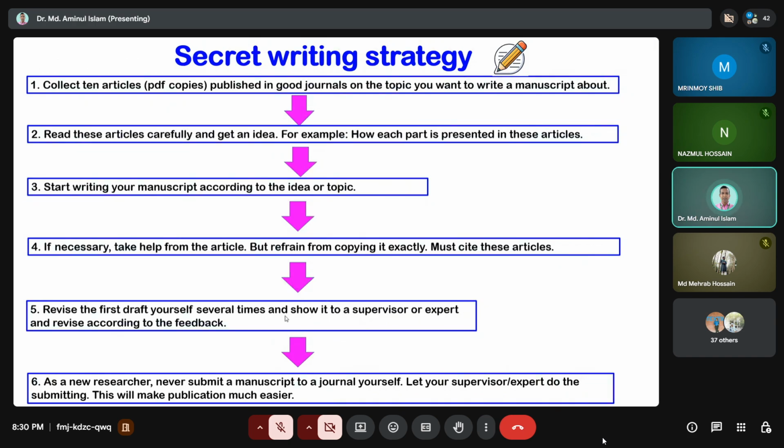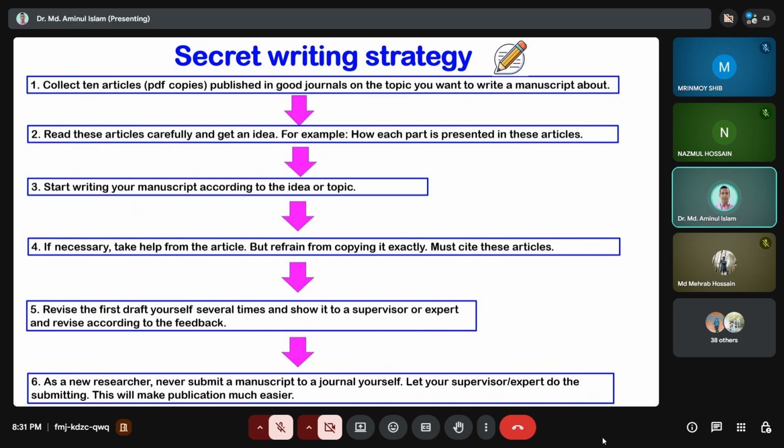Before showing it to your supervisor, you can check the similarity or plagiarism with Turnitin or Authenticate. If your similarity or plagiarism is more than 25%, then you need to revise and reduce it to about 20%. Then you can submit it to your supervisor or expert for feedback. After feedback, you can revise your manuscript.